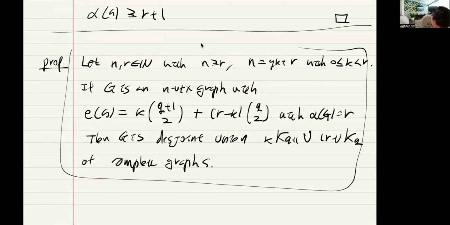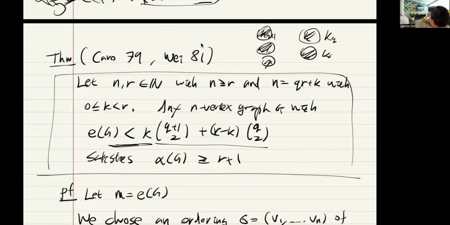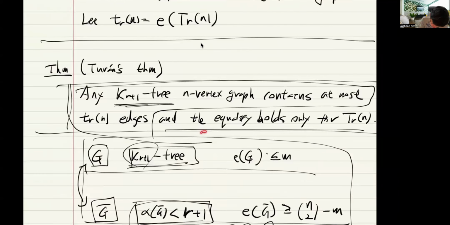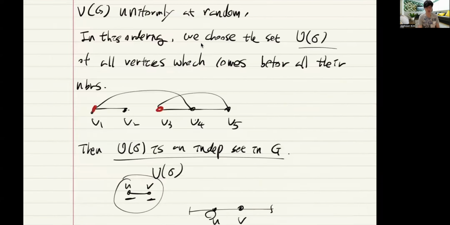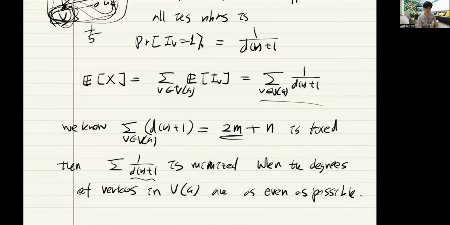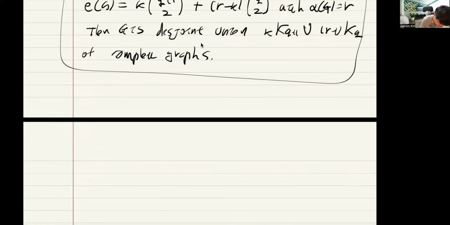So again, if this is true, then you take the complement, and it exactly implies this part, because the complement of a disjoint union of complete graphs is the Turan graph. Okay, what do we do?